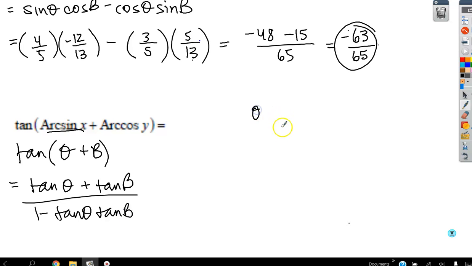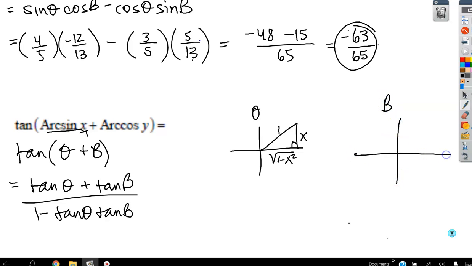So my theta relationship is the arc sine is x. Remember, x is just x over 1. So opposite over hypotenuse, the missing side would be root 1 minus x squared. And for beta, I have the arc cos is y, and that's adjacent over hypotenuse.